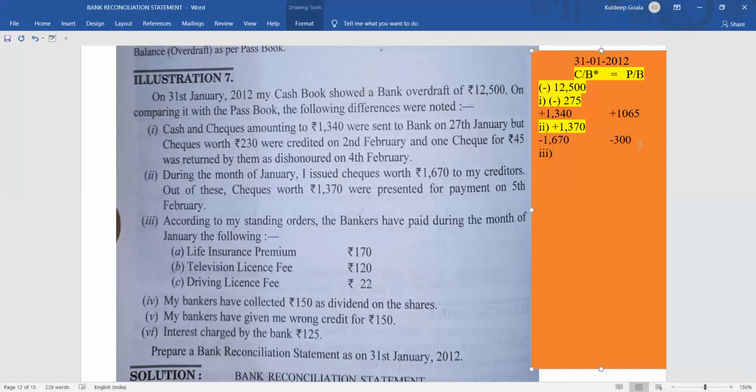So what is in the third point? Just a minute. In the third point, we can see that it is according to my standing order. Standing order का मतलब क्या होता है? Many times there are some common transactions that take place every month. So what we do is give an instruction to our banker that please pay this amount of money, certain amount of money, ठीक है?